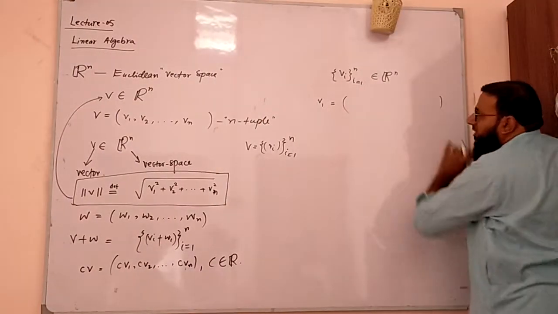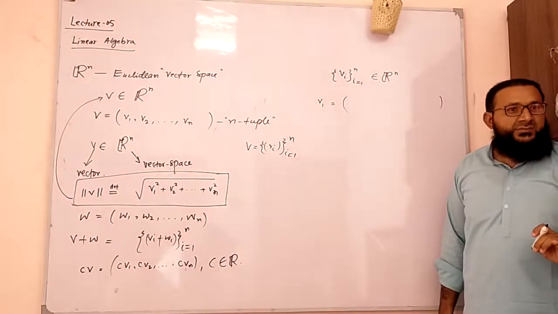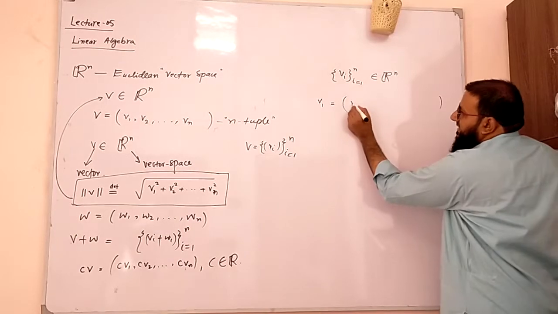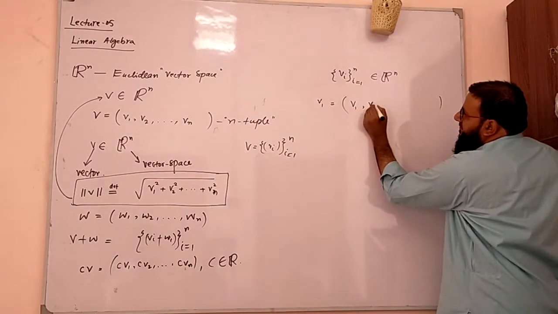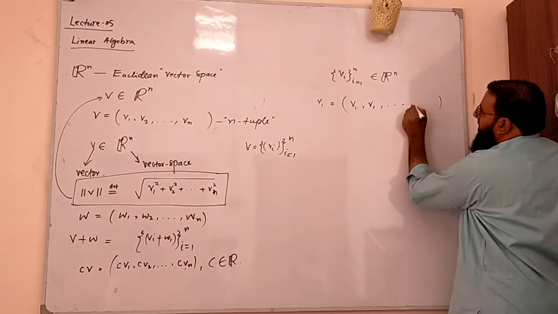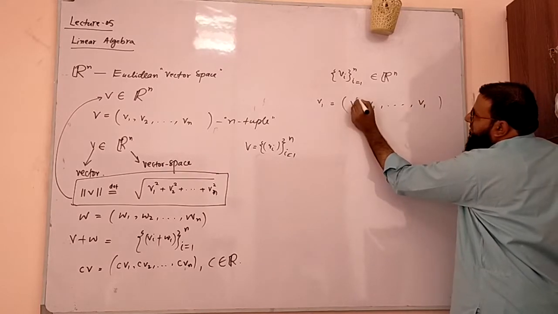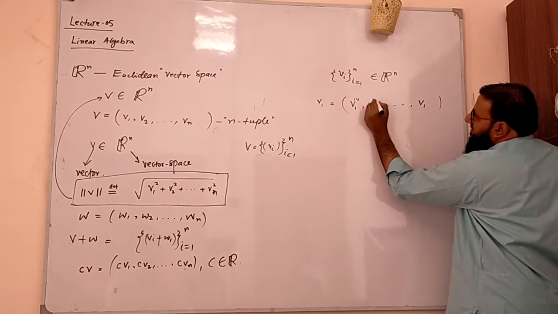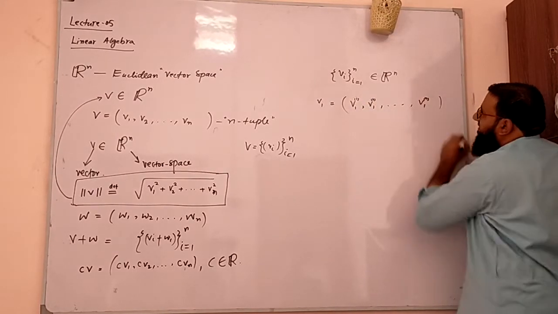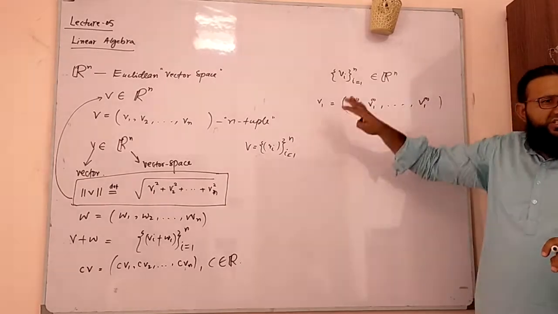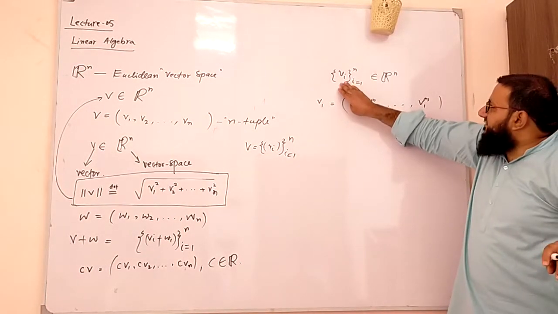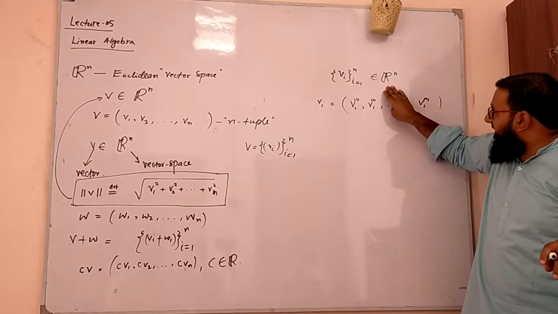It has exactly n components, and I can name these components, let's say, v1 up to v1. Now I am going to say this is the first component, this is the second component, and this is the nth component. So this is just a notation. I am taking some vectors in Rn.